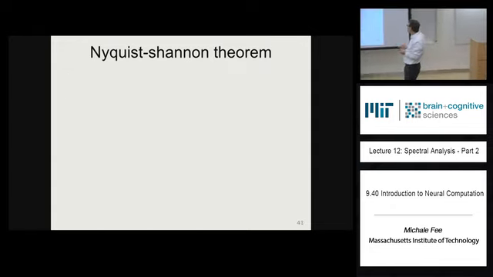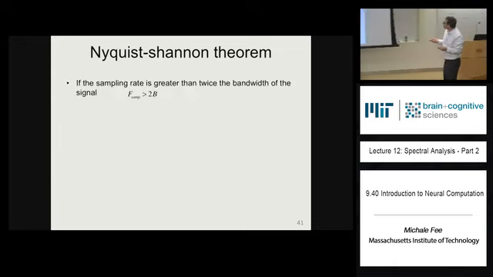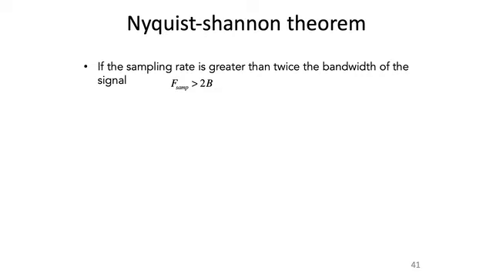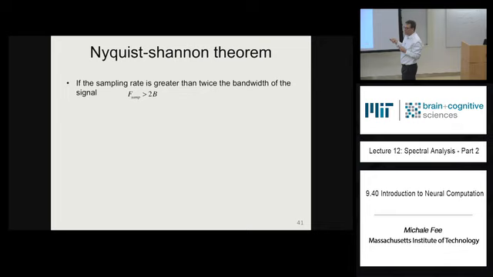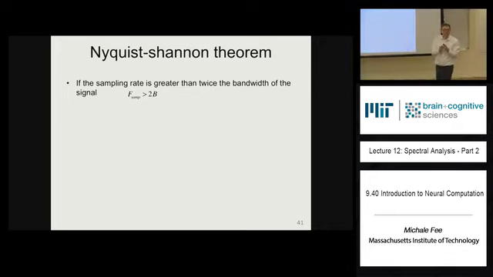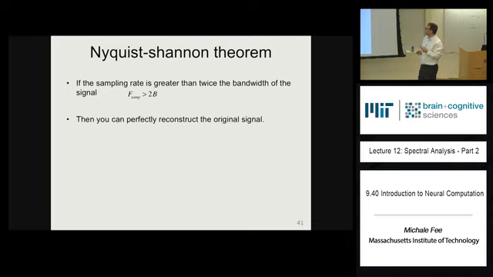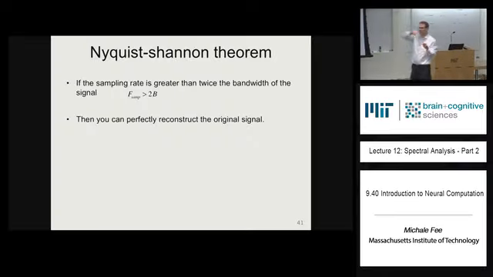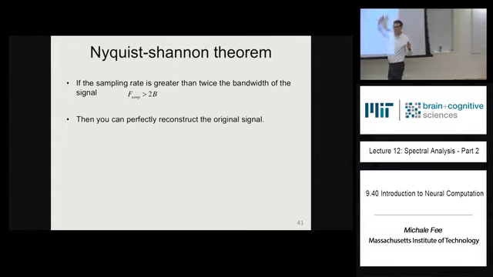Okay. All right. Now, what's really cool is that if the sampling rate is greater than twice the bandwidth, something amazing happens. You can perfectly reconstruct the signal. Okay? Now, that's an amazing claim, right? You have a signal in time, it's wiggling around.